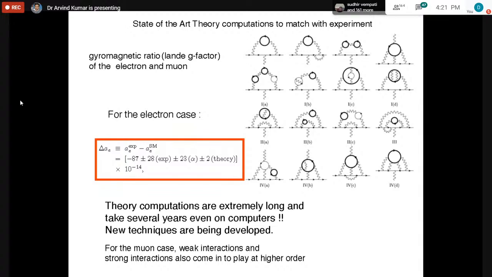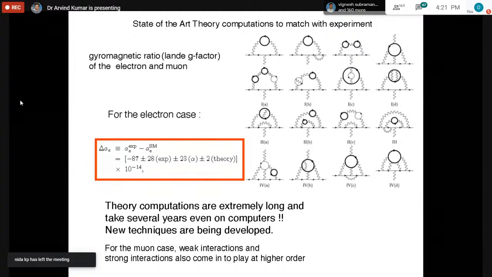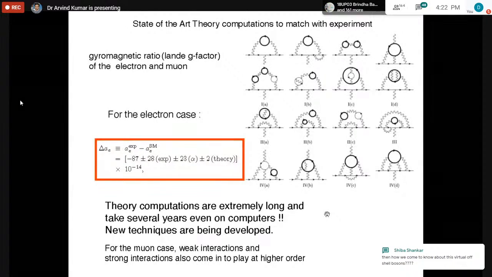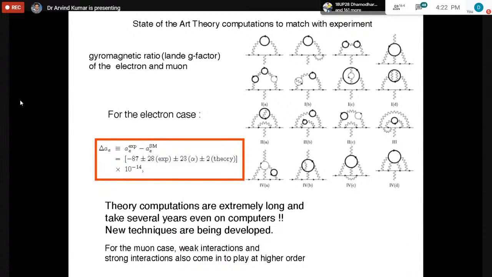To match up to 9 decimal places of this particular quantity, you have to compute loops like the figures I have shown. These are essentially up to 4 loops, but QED goes even further.